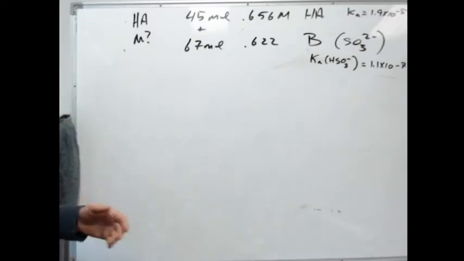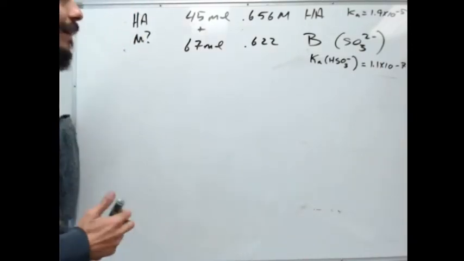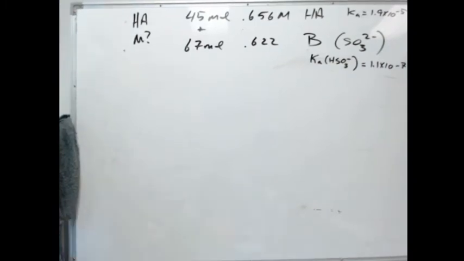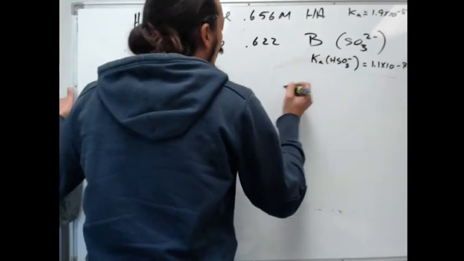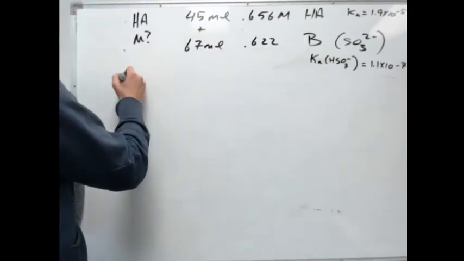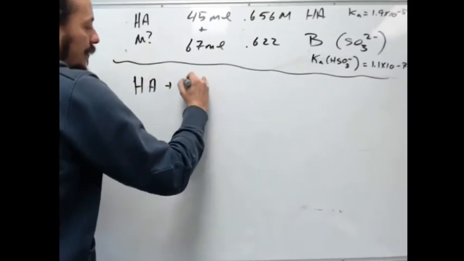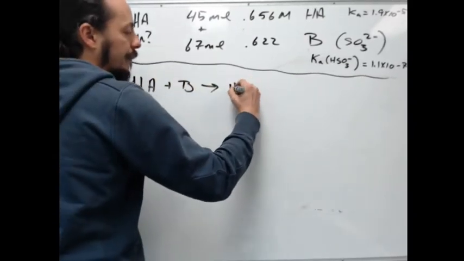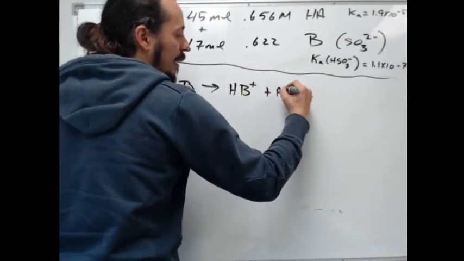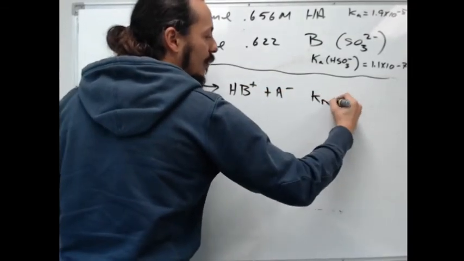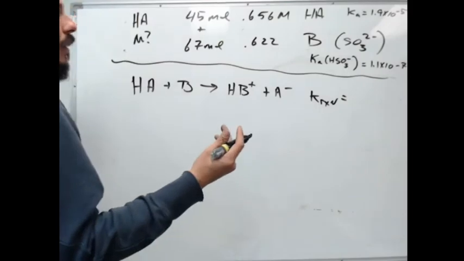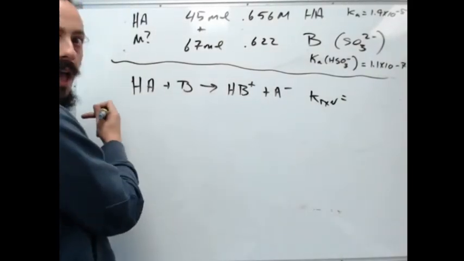So what we want to think about is how this reaction is going to happen. But again, surprise, stoichiometry, equilibrium. So many of our problems. But this one's a little bit different because we can make an overall K reaction for this. When I start actually doing the problem, I'm going to have HA plus B goes to HB plus A minus. This is going to have a K reaction equal to this Ka divided by that Ka.